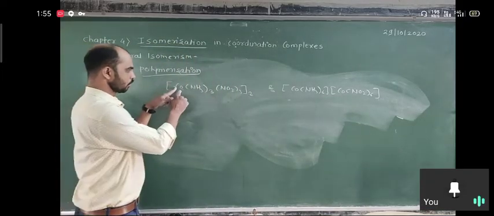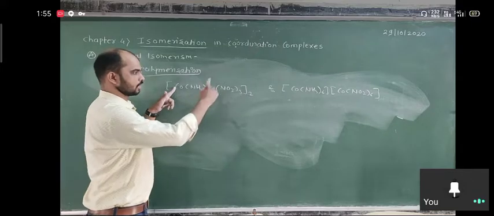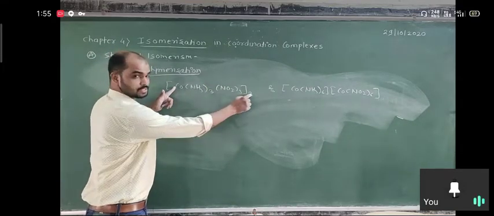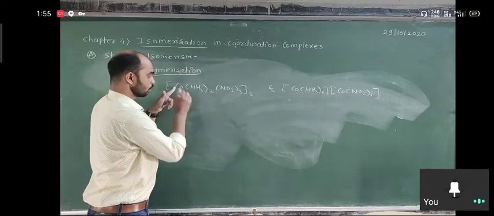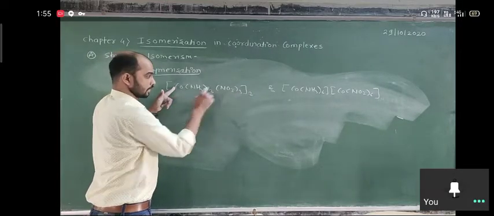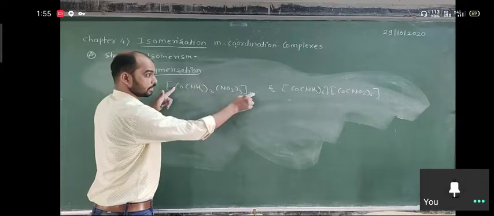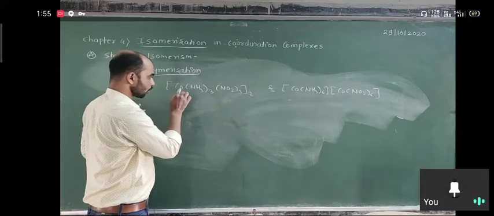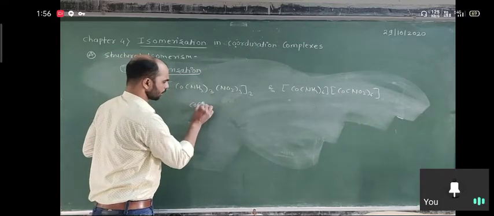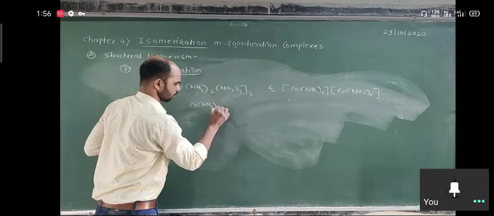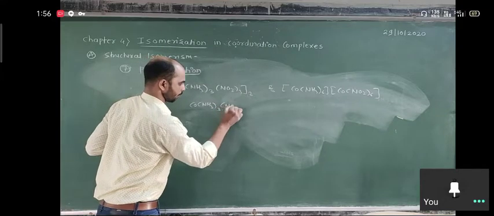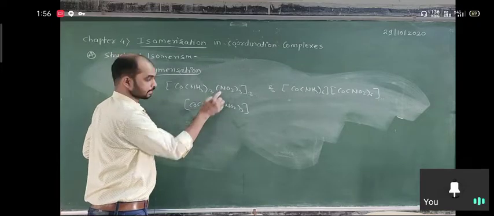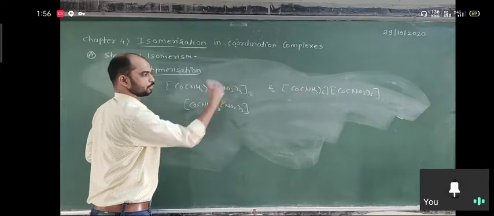Here one Co contains 3 NH3 and 3 NO2. In the first case, 2 cobalt, 6 NH3, 6 NO2 are present. So what is the empirical formula? It is this one: Co(NH3)3(NO2)3. Here 2 units are present, so it is multiplied by 2.